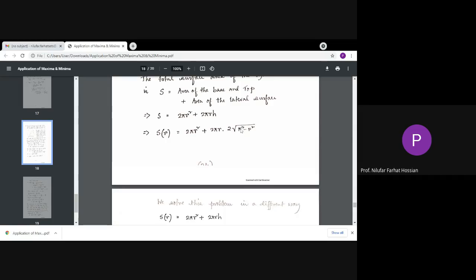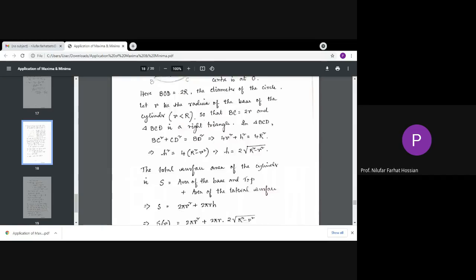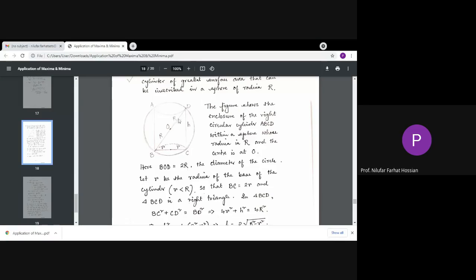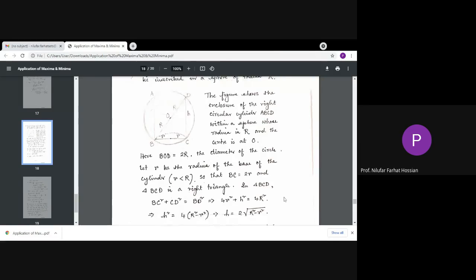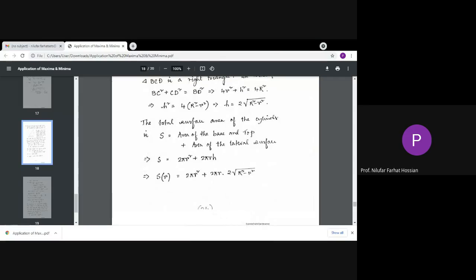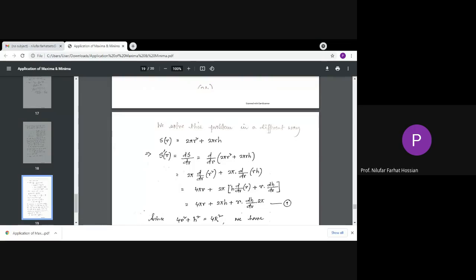Here capital R is constant because the radius of the sphere is constant, and small r is a variable, and h is a function of r. Just remember it. Since h contains a square root, it becomes complicated. That's why here I didn't put the value of h.